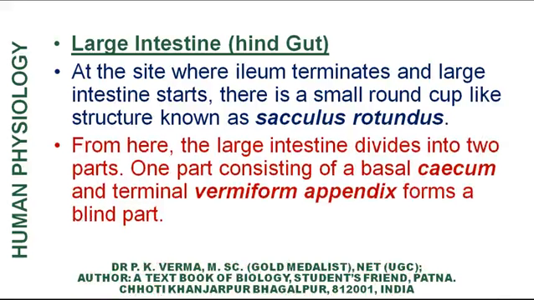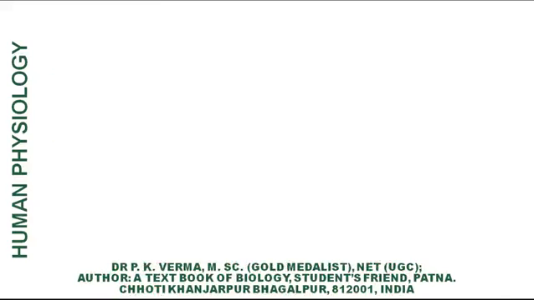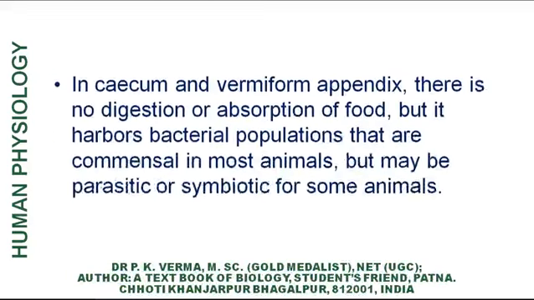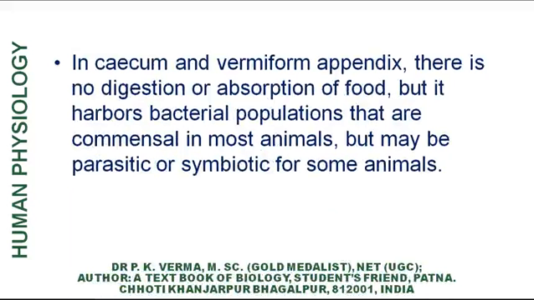One part consists of a basal cecum and terminal vermiform appendix forming a blind part. In the cecum and appendix, there is no digestion or absorption of food, but it harbors bacterial populations that are commensal in most animals, but may be parasitic or symbiotic for some animals.